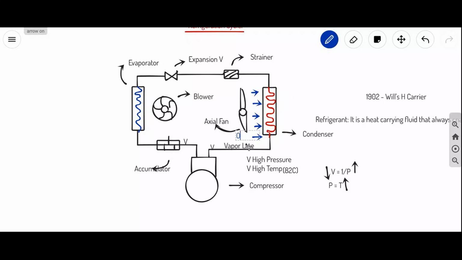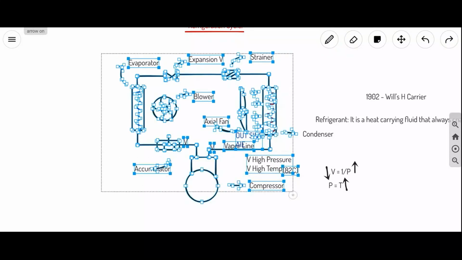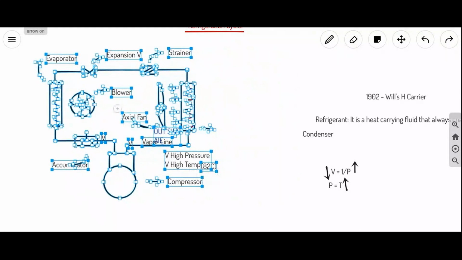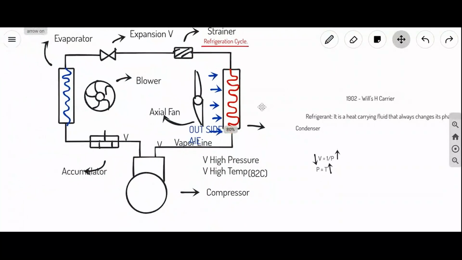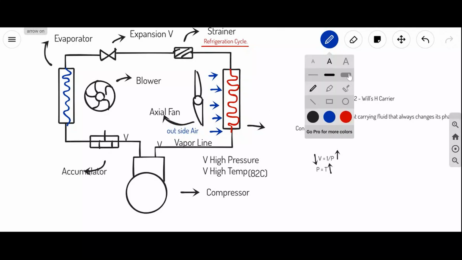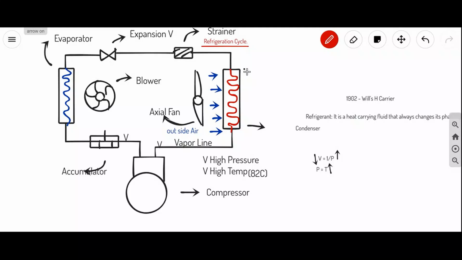We call it outside air. So when outside air comes in contact with this refrigerant, outside air will become hot air, right? This air will become hot air.